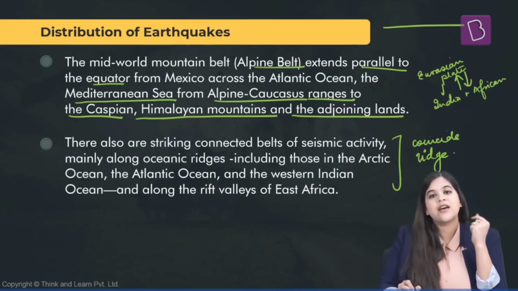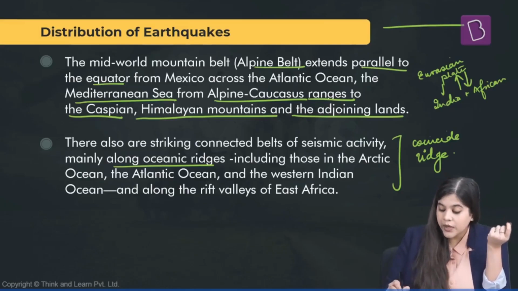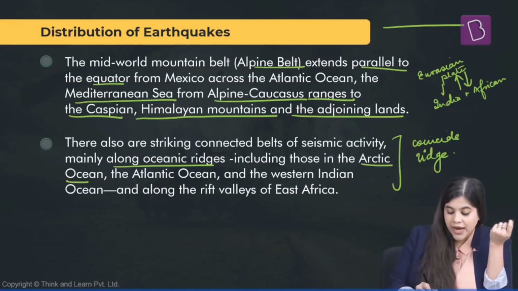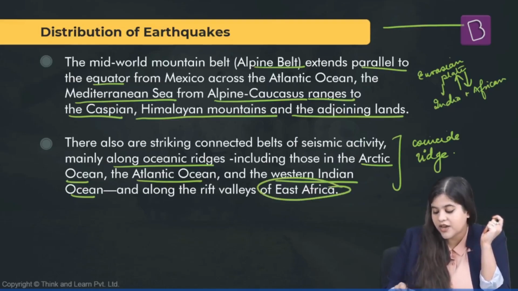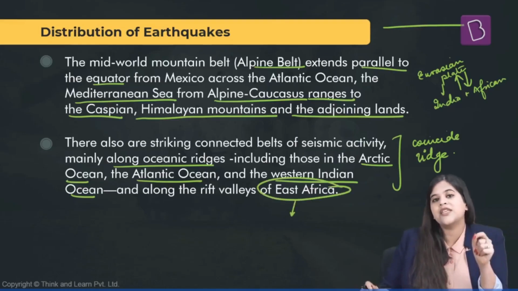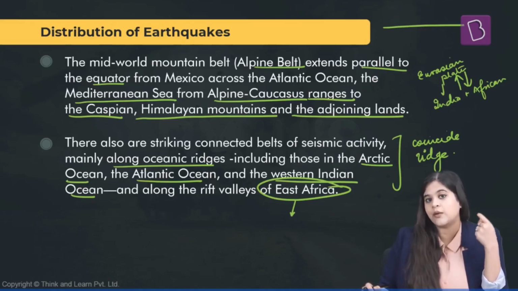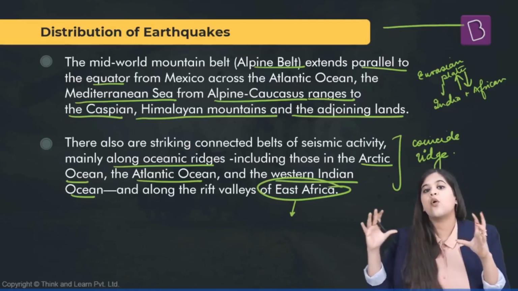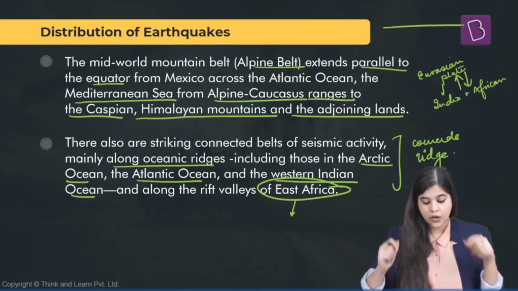Because of that, we have seismic activity along the ocean ridges, including the Arctic Ocean, Atlantic Ocean, the Western Indian Ocean, and the Rift Valley of East Africa. The Rift Valley of East Africa is the only on-land diverging plate activity that we see. Rest all the on-land activities we see are those of colliding plates.